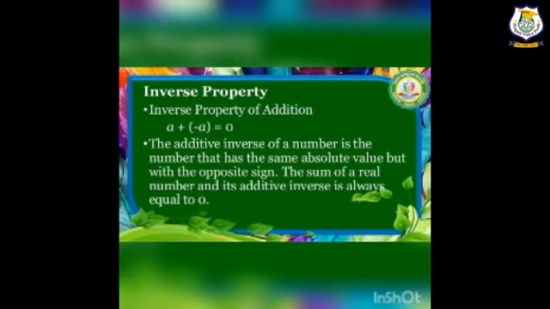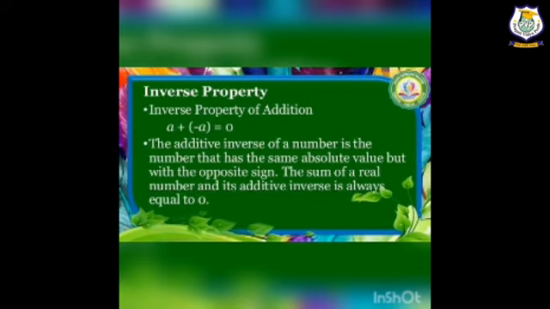Now, inverse property. The inverse property of addition is a + (-a) = 0. The additive inverse of a number is the number that has the same absolute value but the opposite sign. The sum of a real number and its additive inverse is always equal to 0.